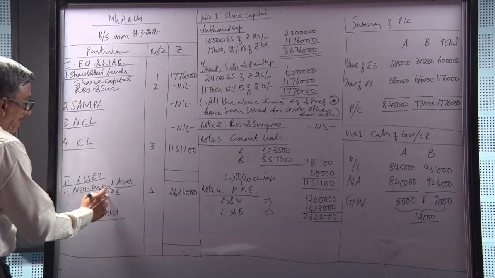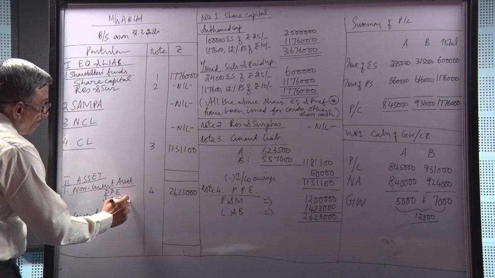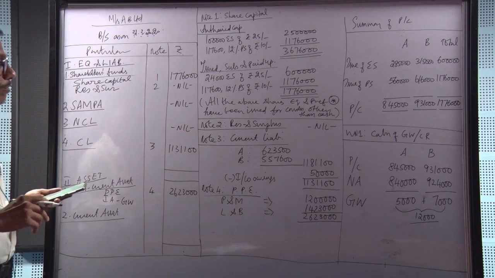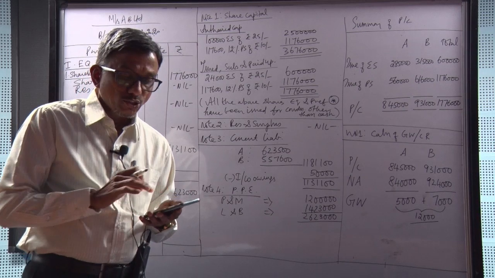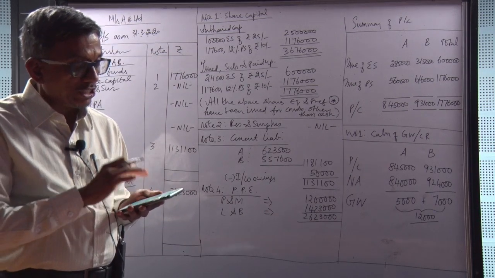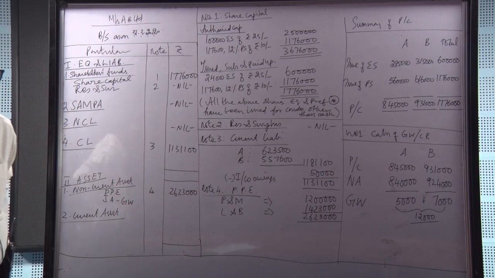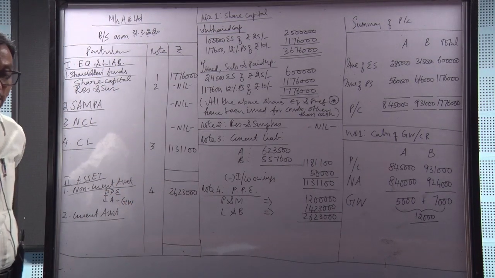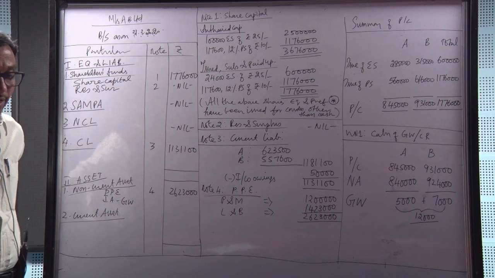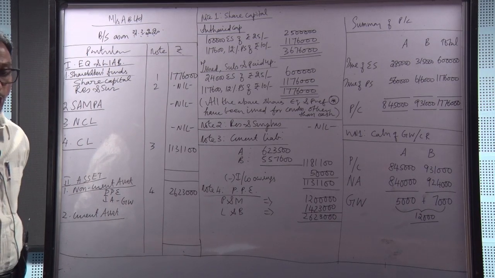Then we have intangible asset, that is goodwill. We have already calculated it to be 12,000. But you also please see the adjustment number C. What does it say? A has goods purchased from B costing him 10,000. This is included in current asset of A as on 31/3/2020.